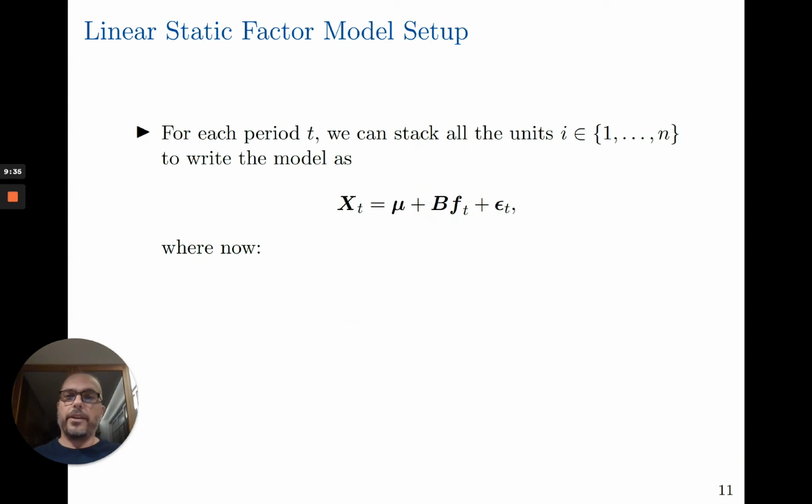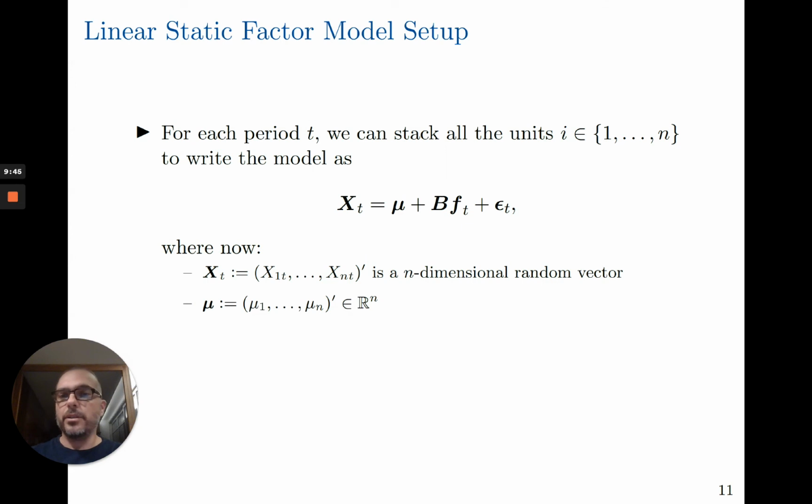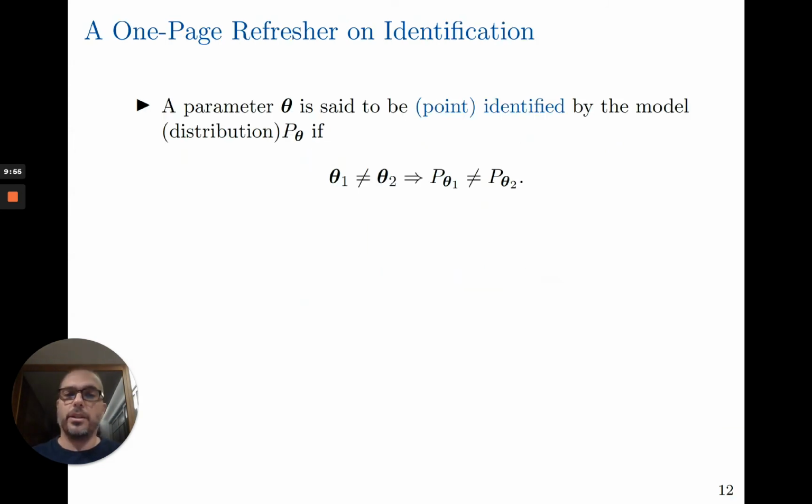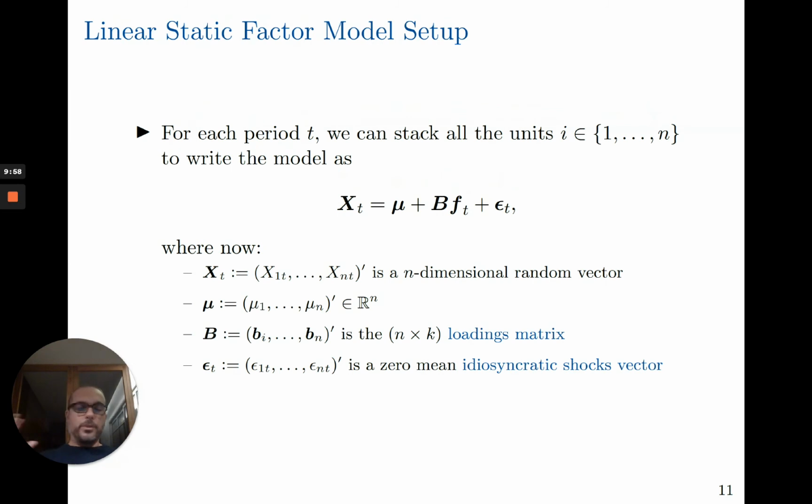In vector form, we can write x_t equals mu plus B f plus epsilon, okay, where x is an n-dimensional random vector, mu is an n-dimensional vector, B is an n times k loading matrix, and epsilon is a zero mean idiosyncratic shocks vector. Okay, and what we want to do, we want to identify mu, B, and f.